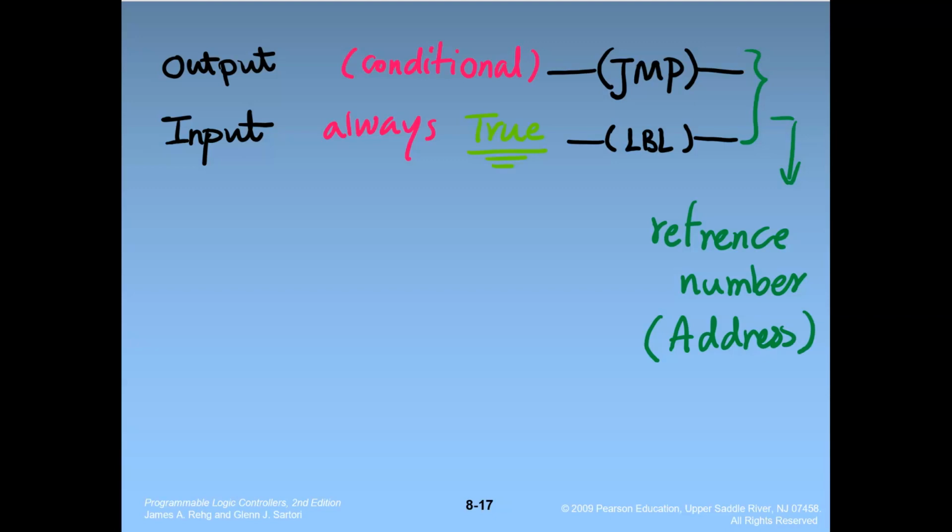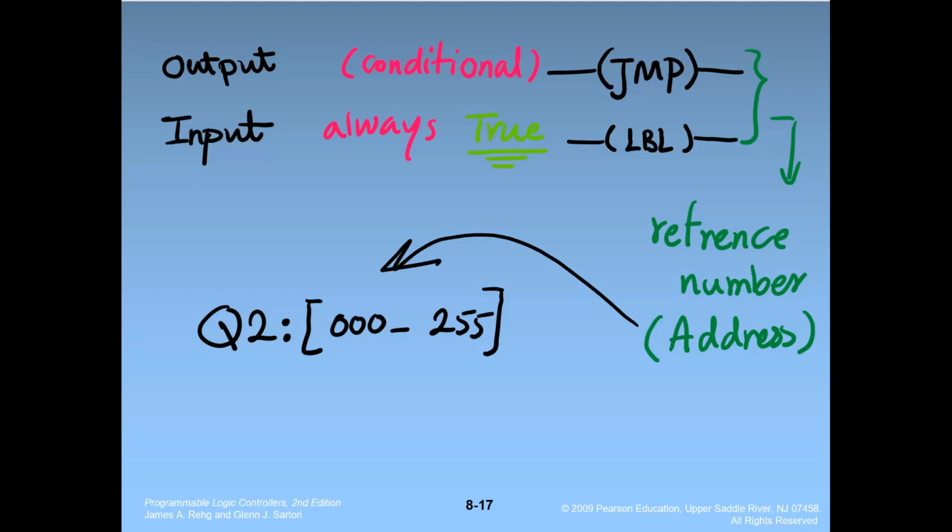So now the question is: what is the format for the address? The format that you need to provide for the address of jump and label is in this form. The address is Q2 colon, and then you have to provide a number from 0 to 255. So this is the address that you need to write on top of your jump or label instruction.